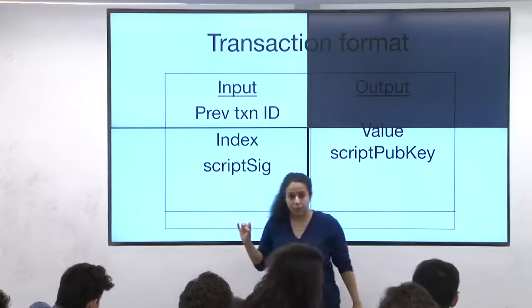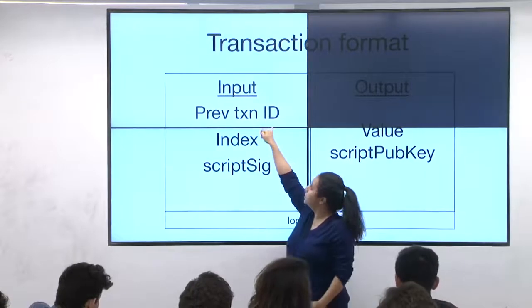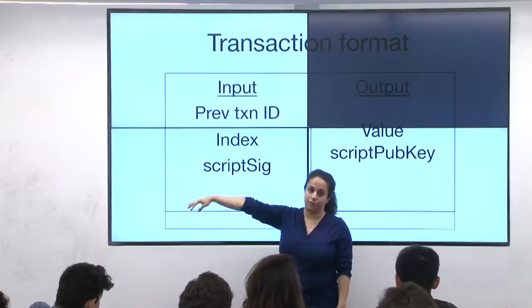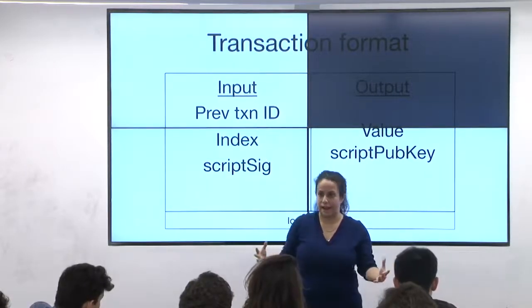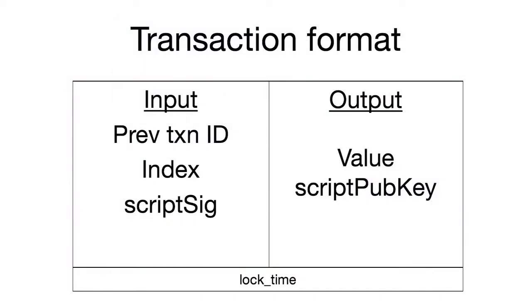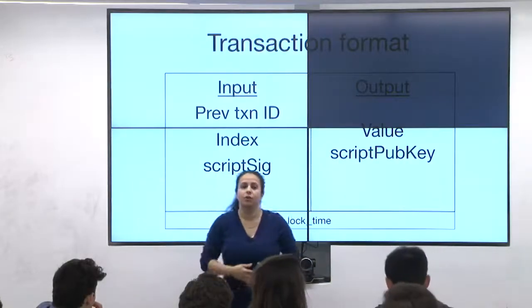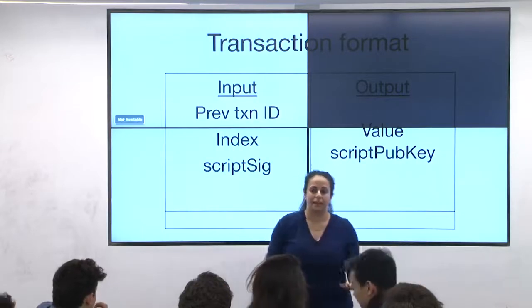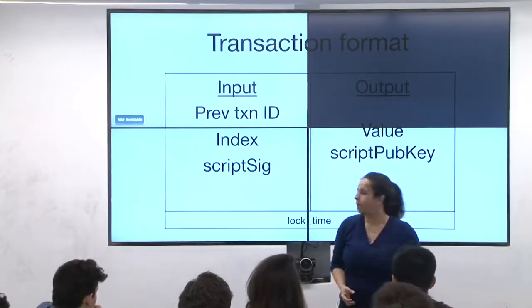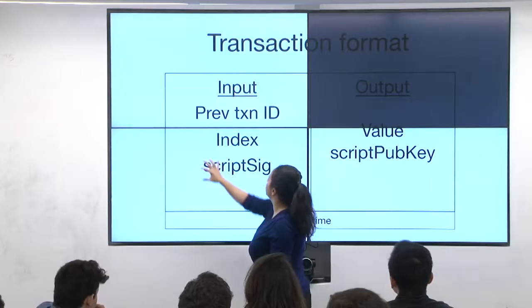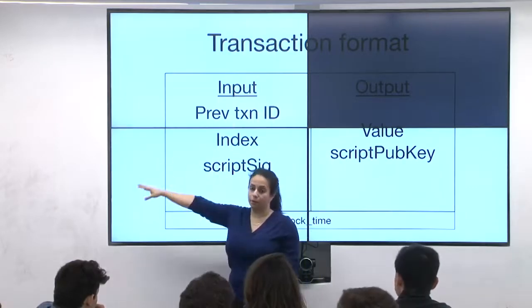And the way that she points back to that is using the transaction ID of the previous transaction, which you remember is just the hash, the index, meaning which output of the previous transaction she's intending to spend, and something called a script sig, which is her authorization to spend that output. So this is how Alice refers back to the output she wants to spend.